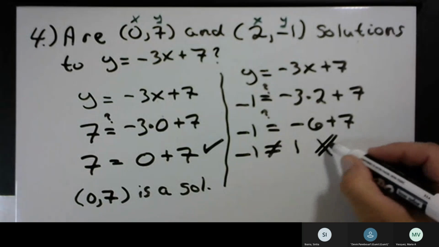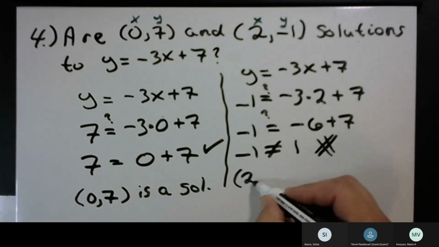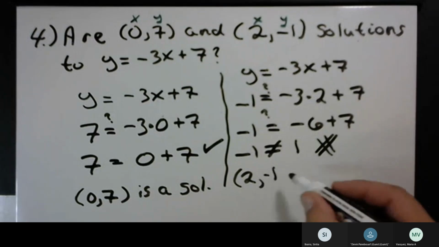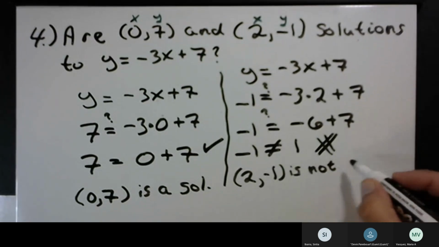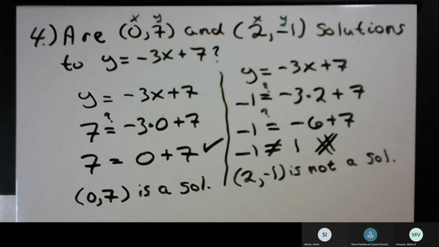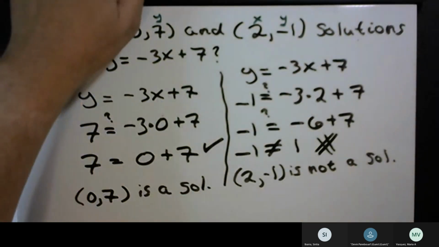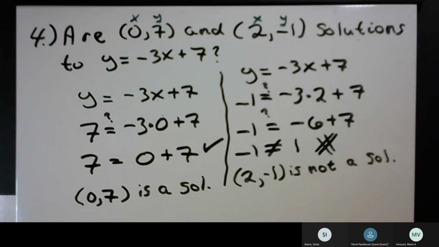So this one didn't work out. So this means (2, -1) is not a solution. So any questions about that?